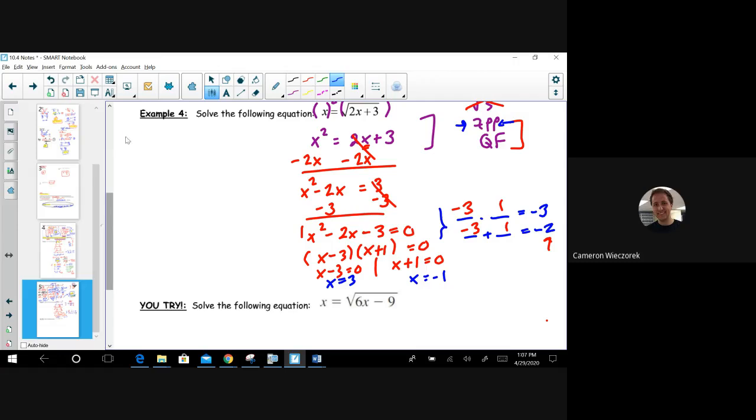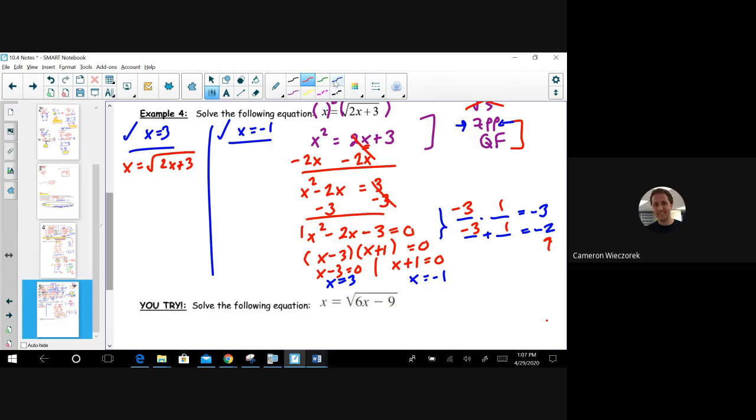So the first thing I'm going to do is check x equals 3, and then I'm going to check x equals -1. So you plug it in. I'm just going to use the original equation, not any steps that I played with. I'm going to just do the one that I started with.